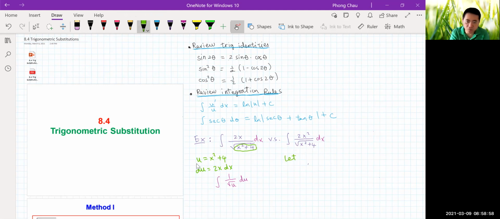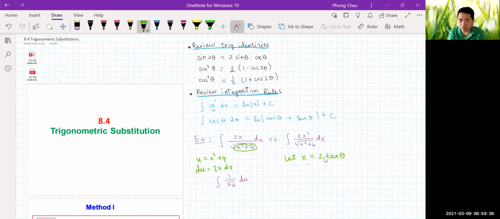Instead of letting the new variable u be a quantity in terms of x, we let x be a quantity in terms of a different variable. In this case, particularly, I want x to be 2 tangent theta. So x is 2 tangent theta.